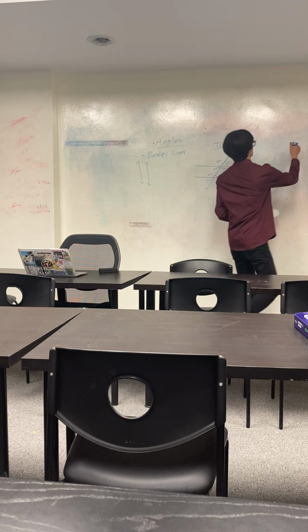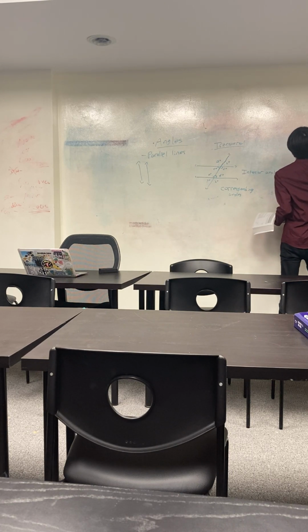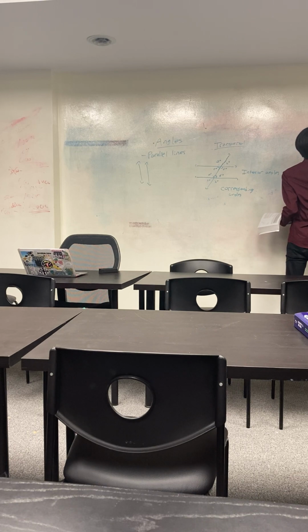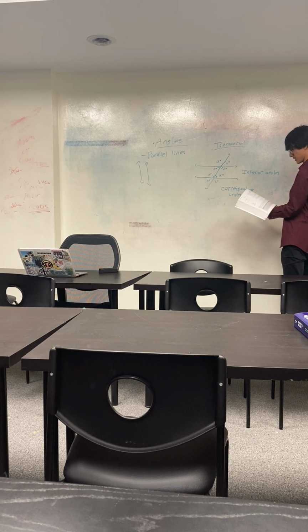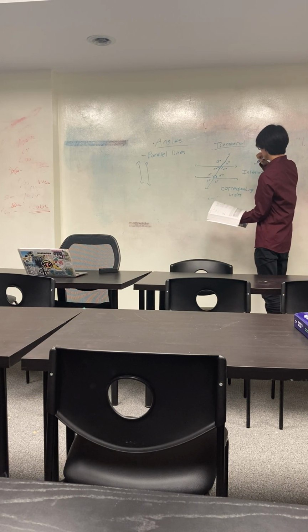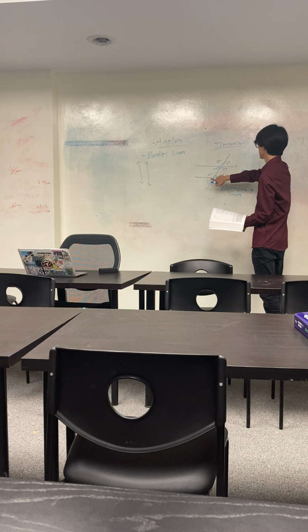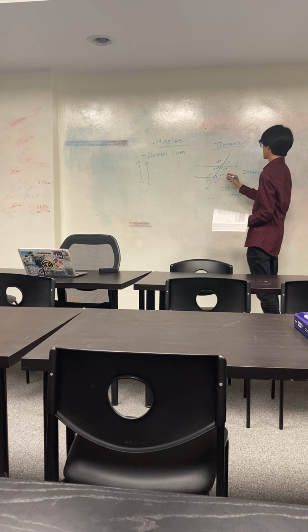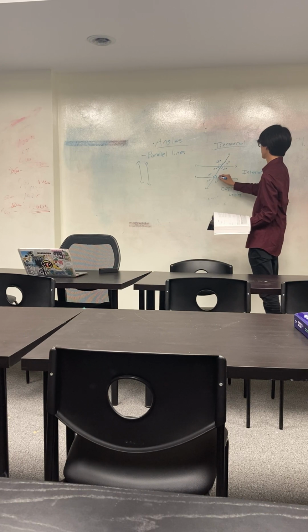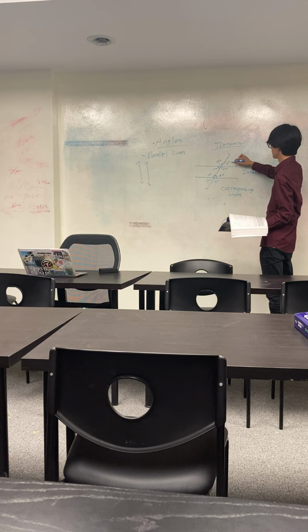So number 1, corresponding angles are always equal. For example here, angle A is equal to angle B, right? You see how they're both obtuse, right? So angle A is equal to angle E, and angle B is equal to angle F.